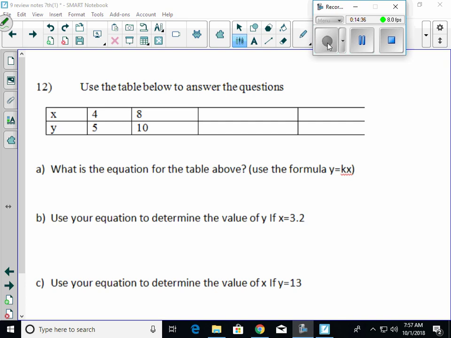Okay, looking at the last 2 questions. To give us part of a table, we have to find the equation, and then we have to fill in 2 values. Okay, so let's see the constant first. If I do 5 divided by 4 and 10 divided by 8, I get a constant. So my formula is y equals 1.25 times x.